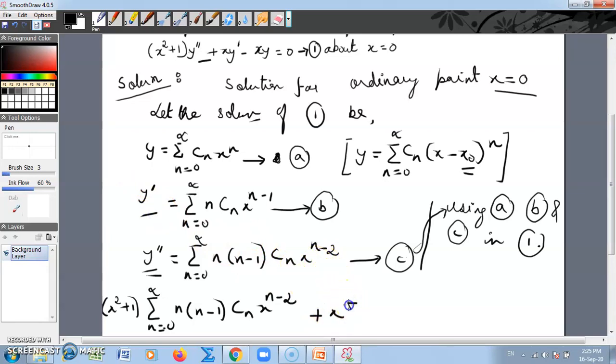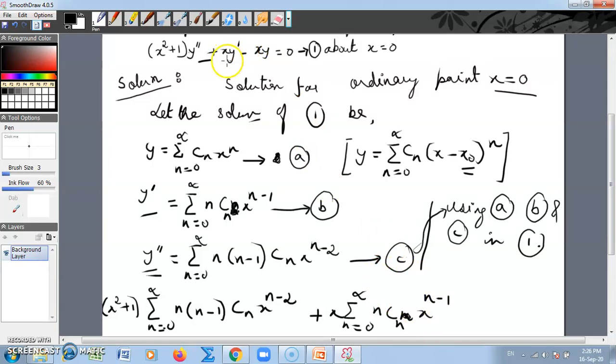Our y dash is summation n goes from 0 to infinity n Cn x to the power n minus 1. Here the n is multiplied, it should not be a suffix. Sorry, I put the n in the wrong place. So it is n Cn, where n is the multiplier and Cn has the suffix, times x to the power n minus 1.